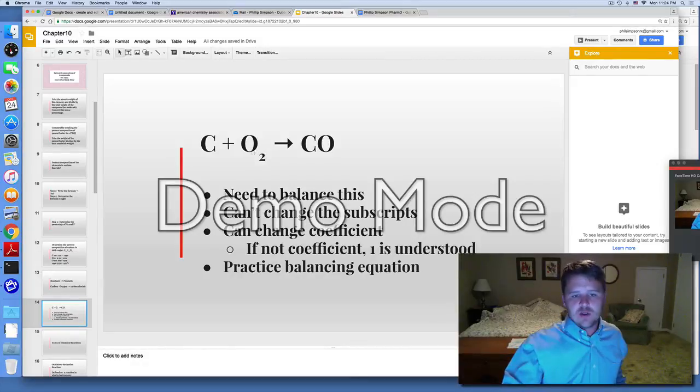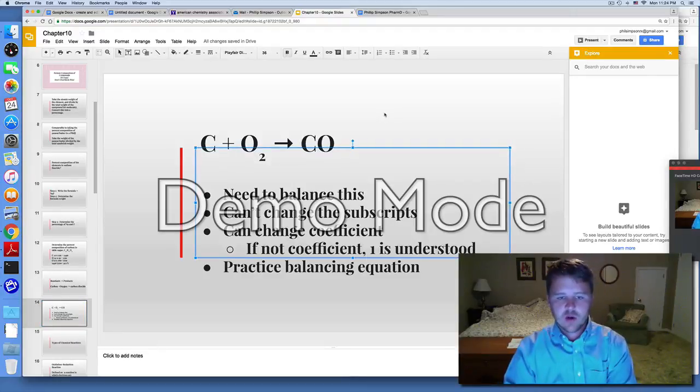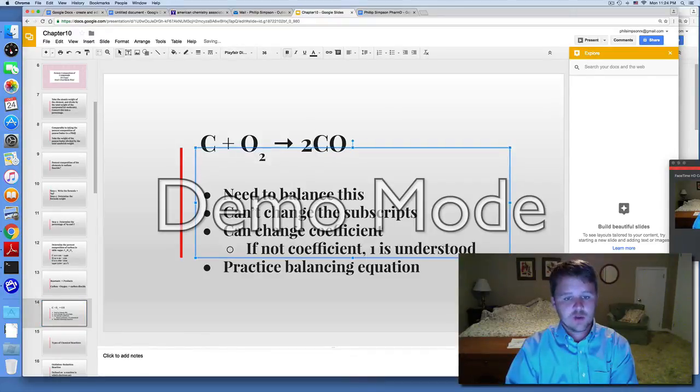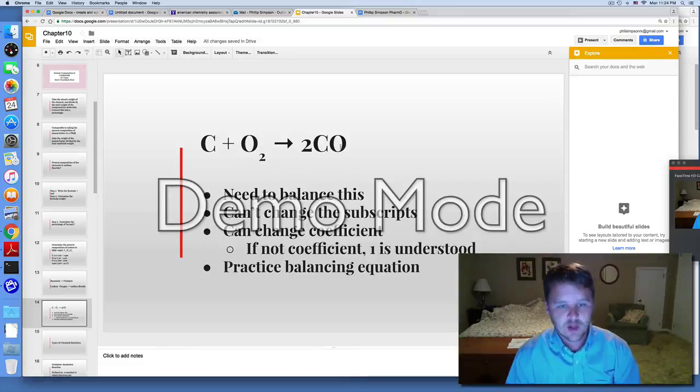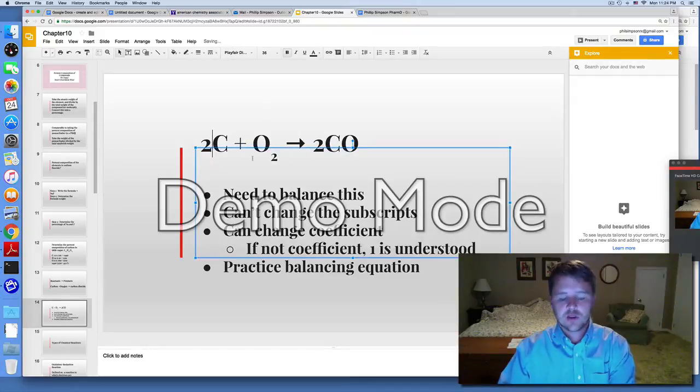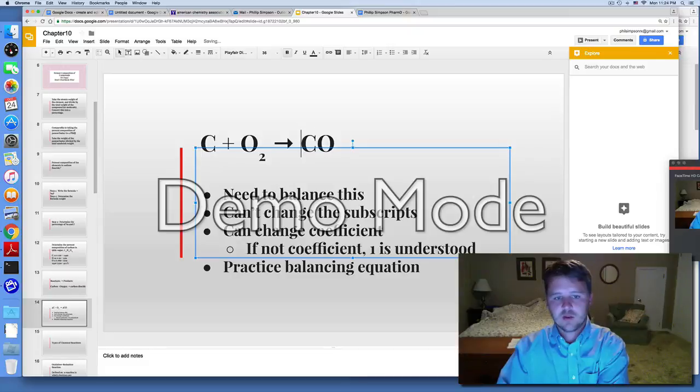Oxygen is 2 on the left side and 1 on the right. So we're going to throw a coefficient out in front, a 2, because this will balance the oxygens. But now we got another problem. We got 2 carbons, just 1 on the left. So you put 2 right there. And that balances out the whole equation.